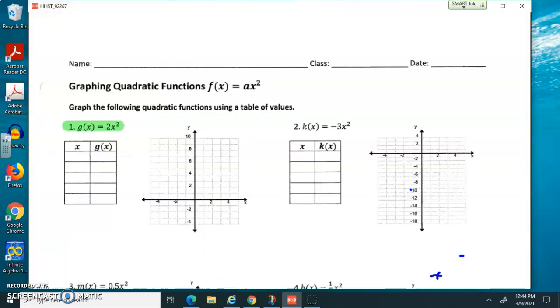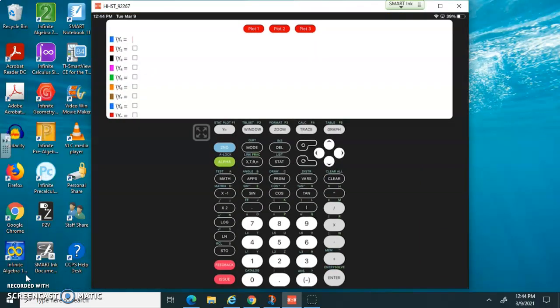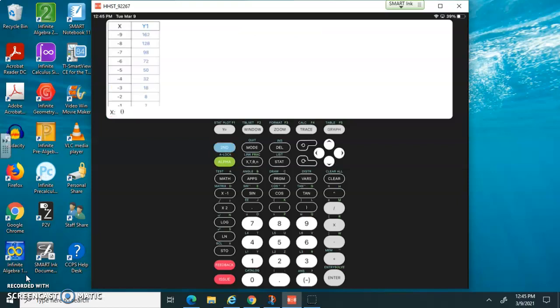So the 2x squared, we're going to put 2x and then squared in there. And then we're going to hit second table. Now we can scroll down through here and we can see that the vertex here is 0, 0.